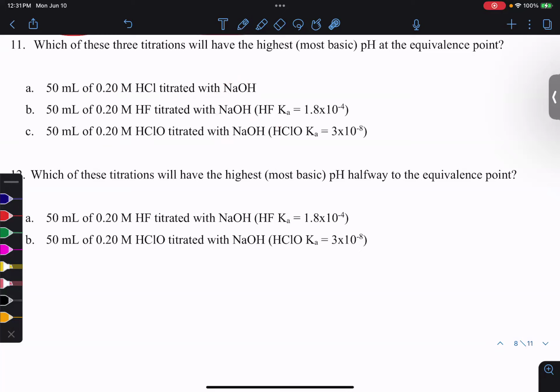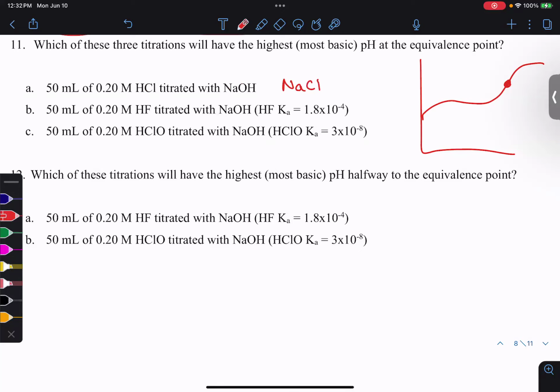I'm not asking you what the pH is at the beginning of your titration. I'm asking you, what is your pH at the equivalence point? So at your equivalence point, is HCl present for this first one? No. When these 2 things react, it produces sodium chloride.